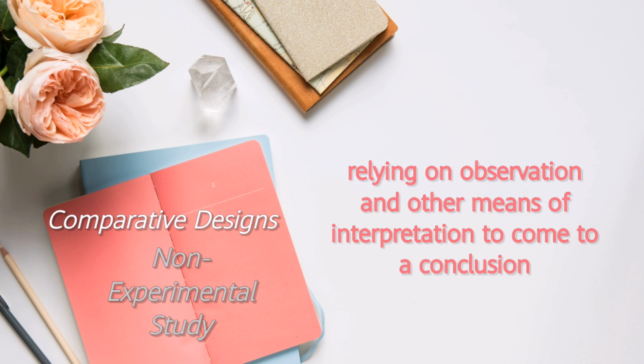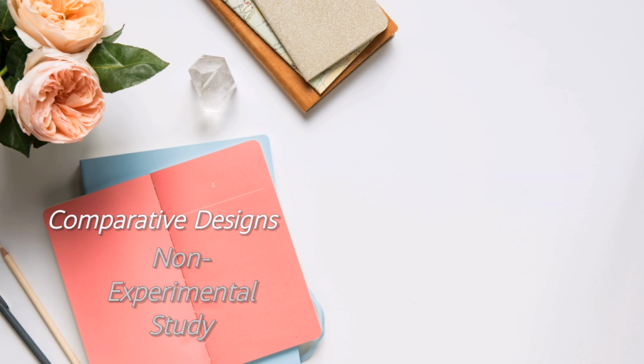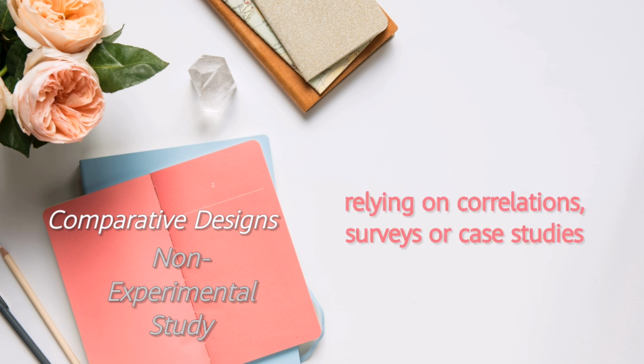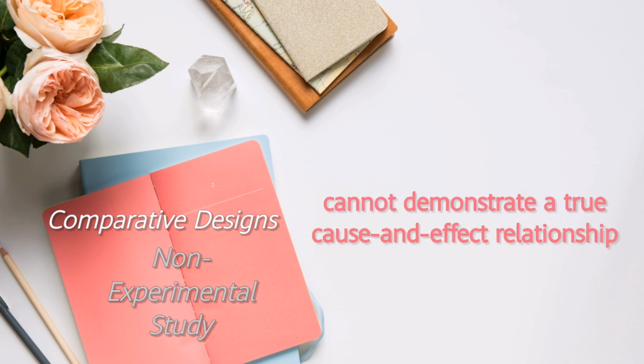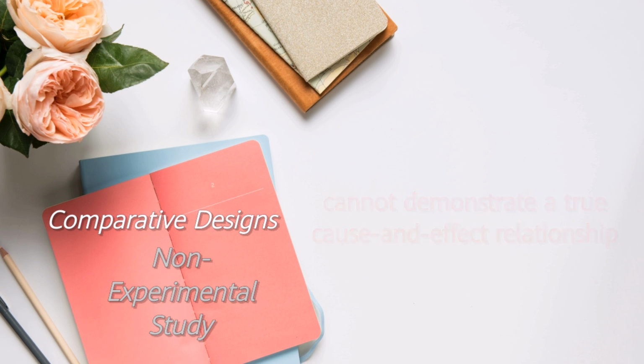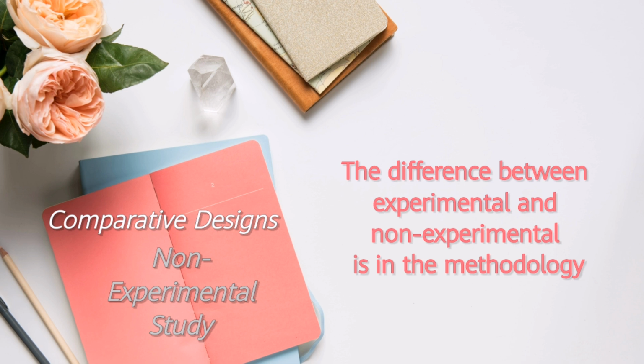Typically, this means that non-experimental researchers must rely on correlations, surveys, or case studies and cannot demonstrate a true cause and effect relationship. So, obviously, the difference between the two is in their methodology.